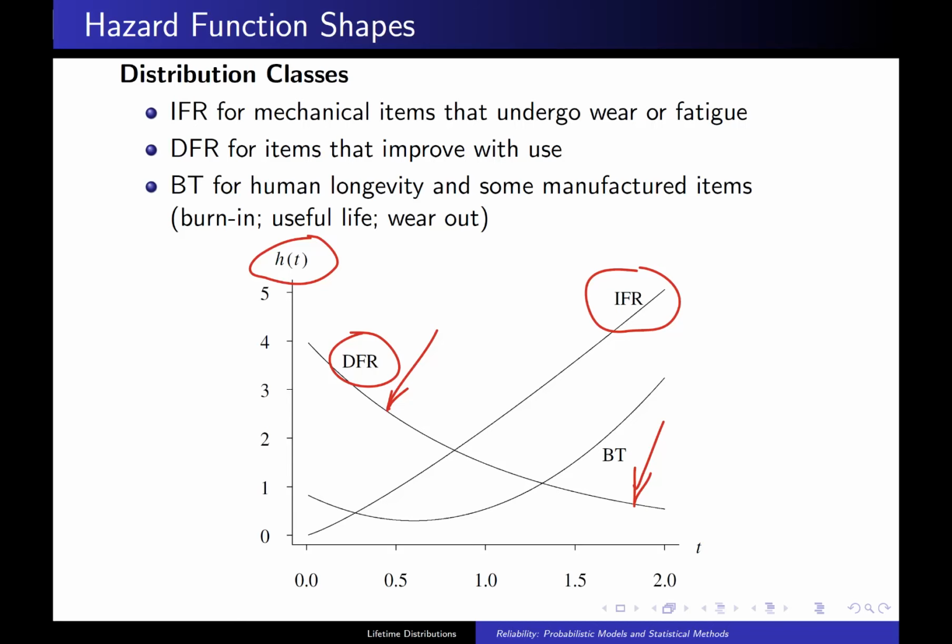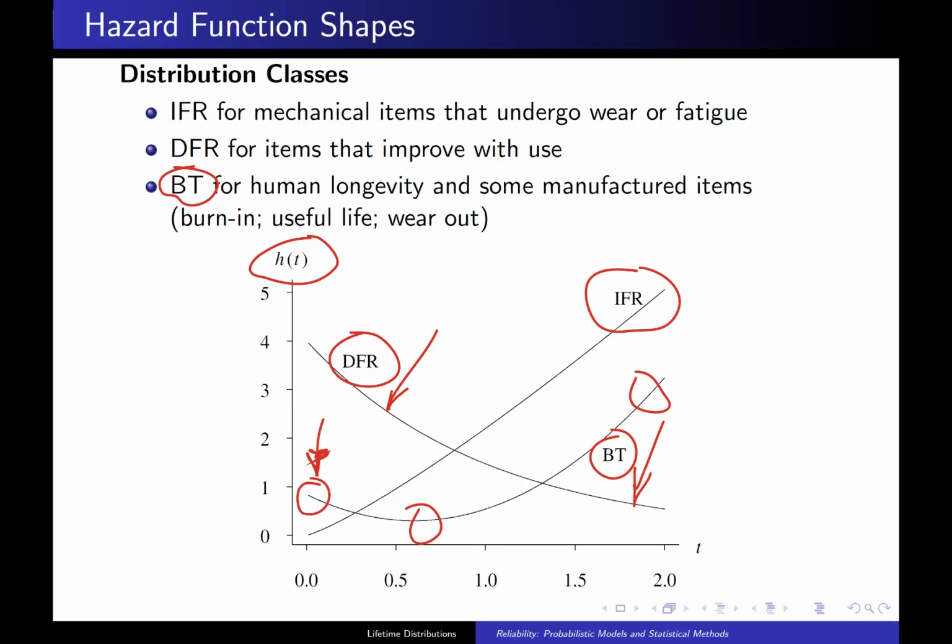Finally, the last one here is BT, and BT stands for bathtub. Notice that the rate starts out high, goes down, and then finally increases at the end. This BT-shaped hazard function applies to manufactured items. For example, a manufactured item has a high risk at the beginning of its lifetime.